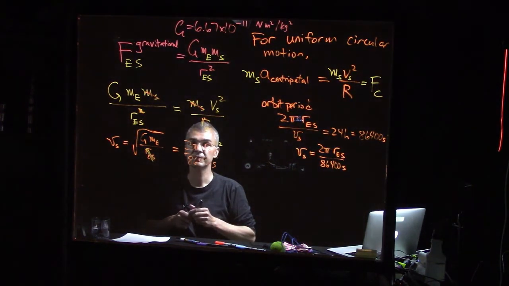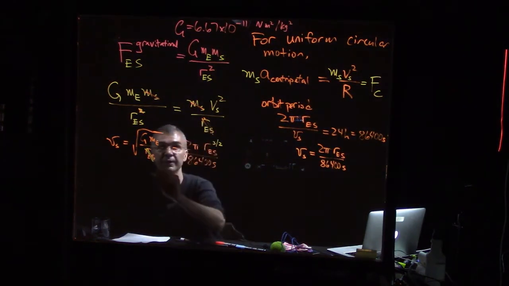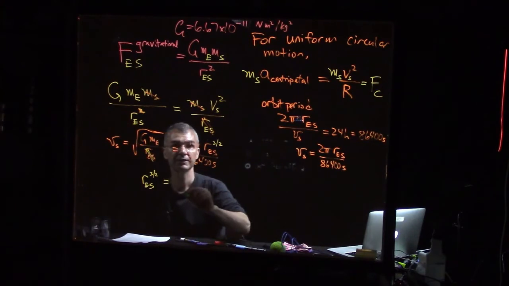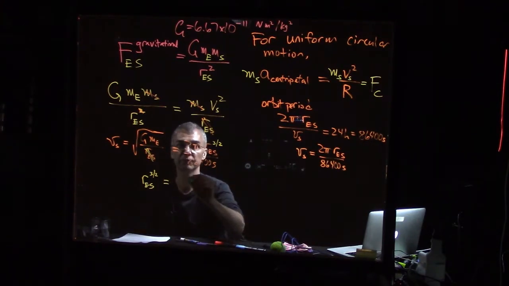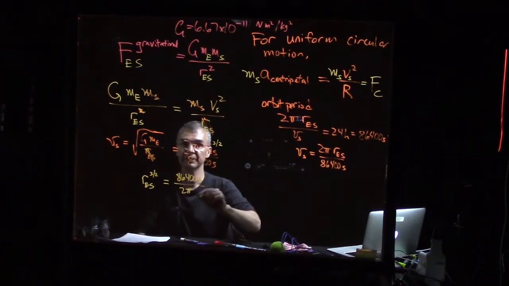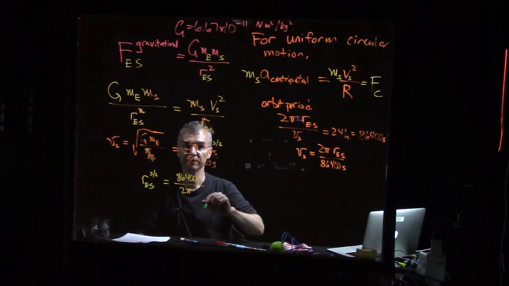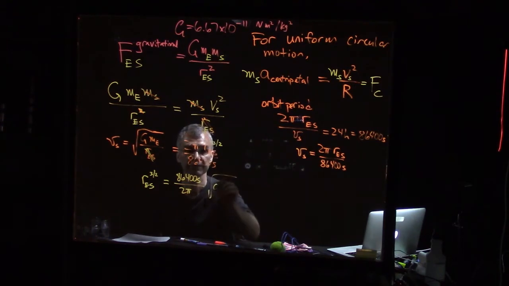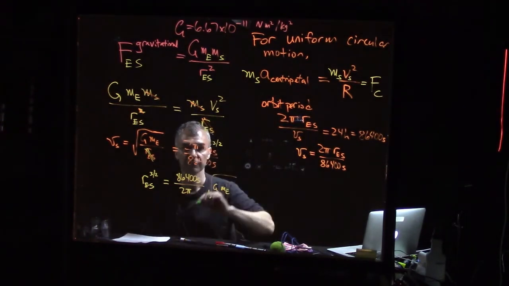So we have r Earth to satellite to the 3/2 power equals 86400 seconds divided by 2 pi times the square root of big G times the mass of Earth.